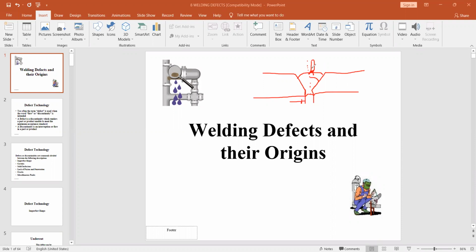So that's why many problems are there. Sidewall fusion is also there, porosity is also there. We are going to discuss them step by step. But the main cause of these problems, you have to remember, is that we have to do welding as per WPS.